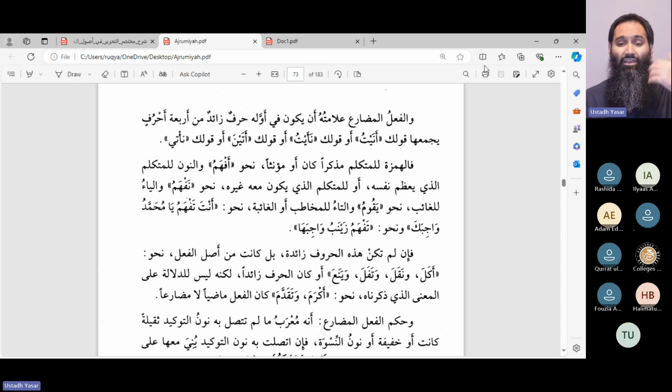So this is extra, but it's not there for the meaning of mutakallim. It's there for another meaning. Ta'diyah. Ta'diyah means for the action to take place beyond you, and you will learn this in sarf.